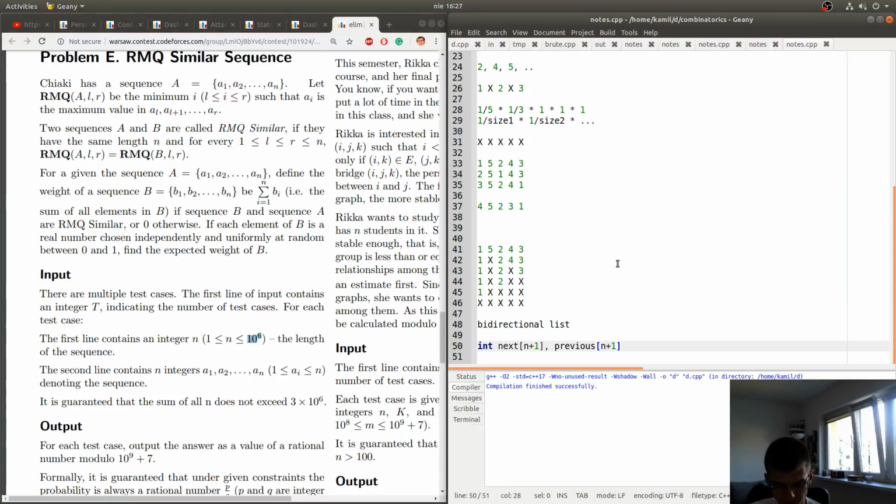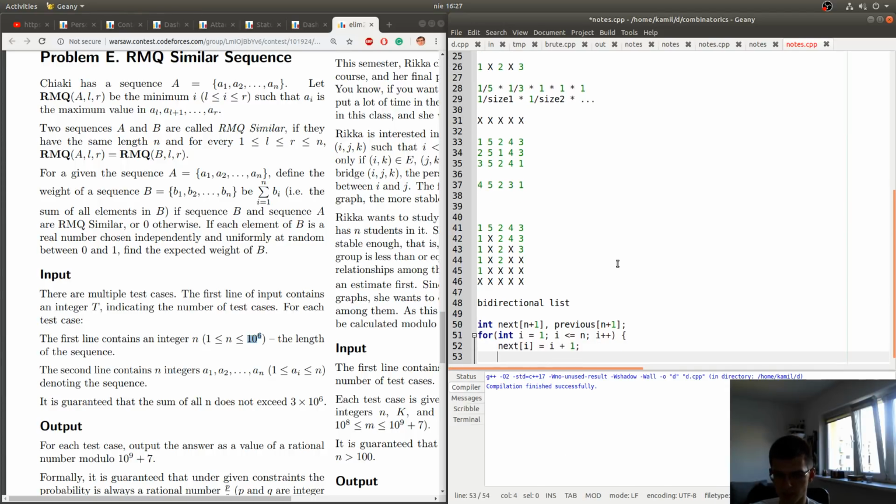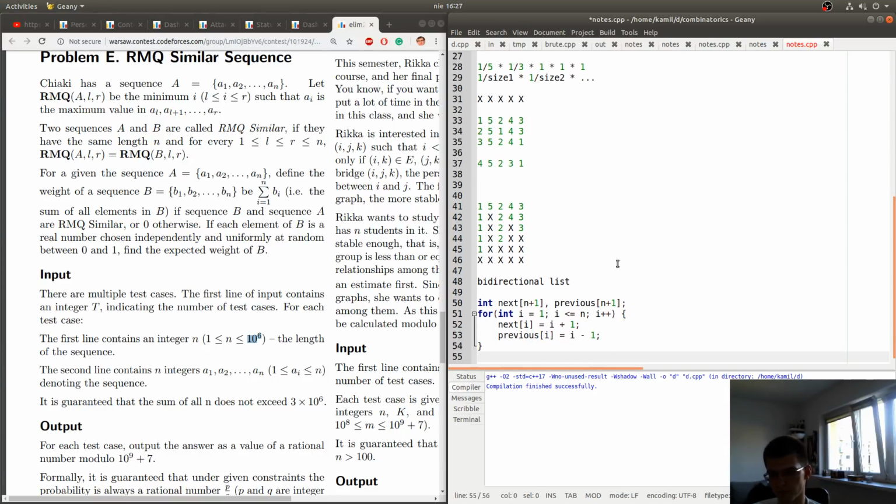Okay, so first we can initialize our list by saying that for every index, next x is just this index plus 1, and previous one is index minus 1. And now, starting from the smallest number, so we want to unremove the x.